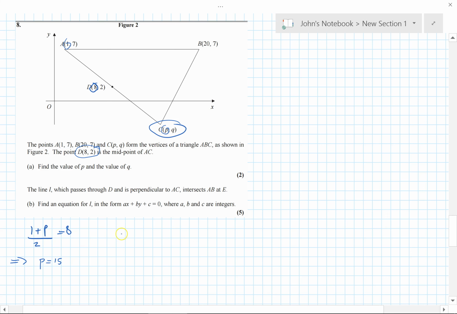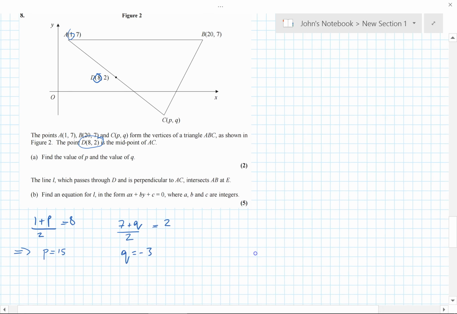And similarly, we've got 7 plus q over 2 is equal to 2. Now we can see this q's got to be negative, it's below the line anyway, so it's kind of fine. The top has got to be equal to 4, so q must be equal to minus 3. I'm not doing any rearranging here, I'm just using common sense.